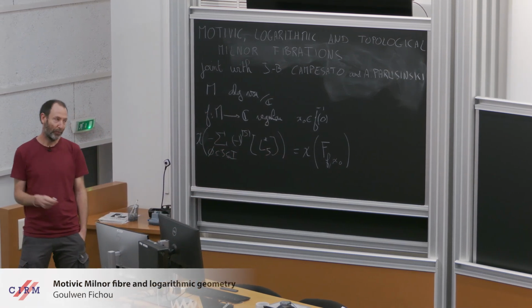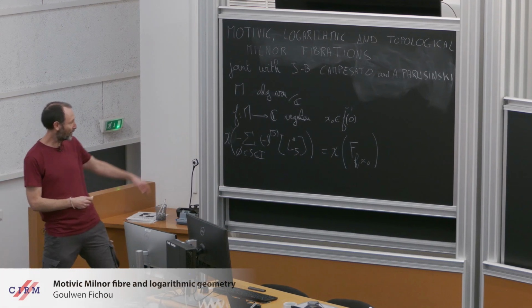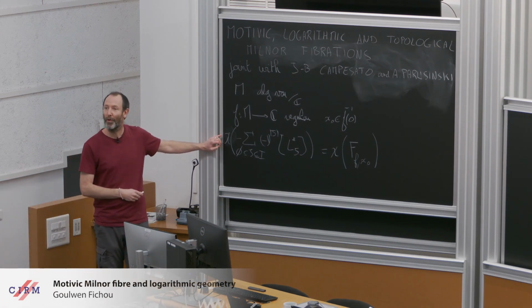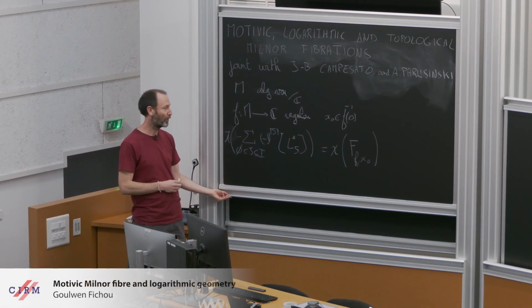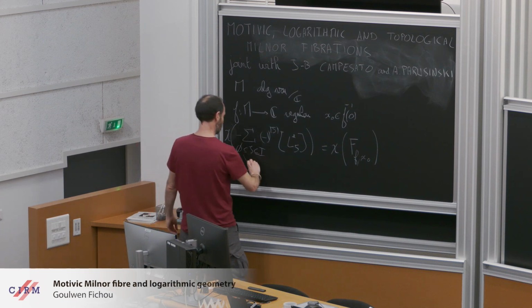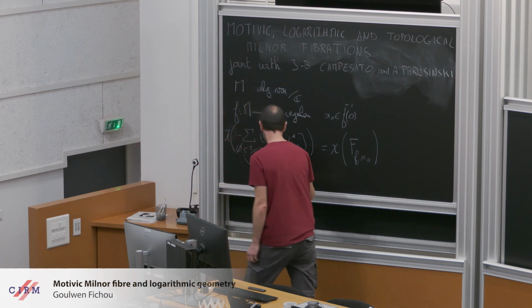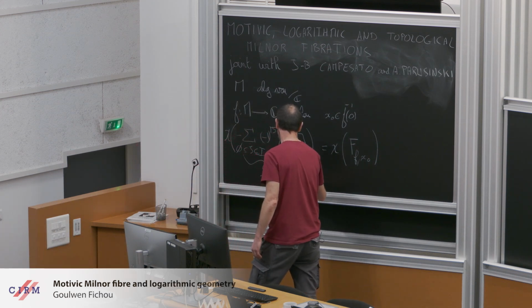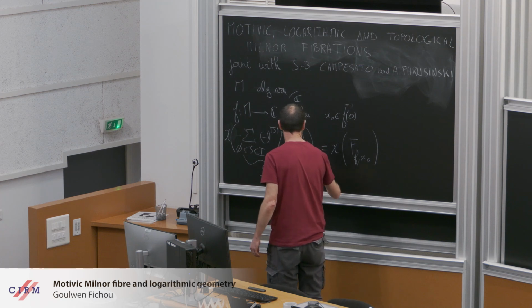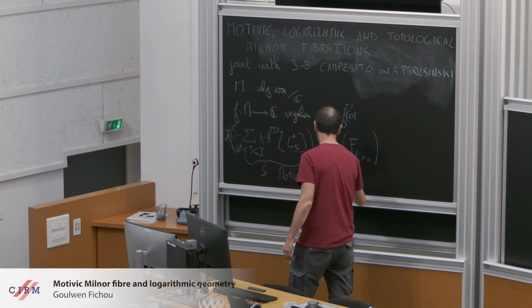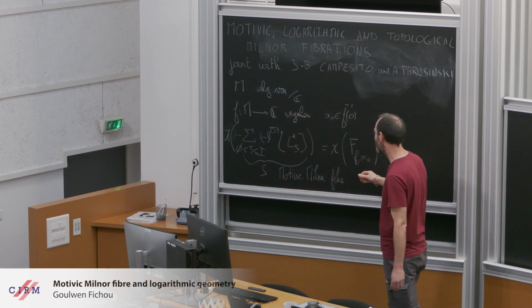Or of course, you have more complicated additive invariants like Hodge-Deligne polynomials and other examples. So that's the motivic Milnor fiber, and that's the topological one.